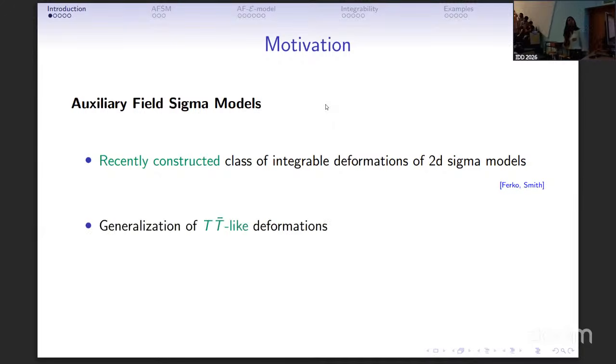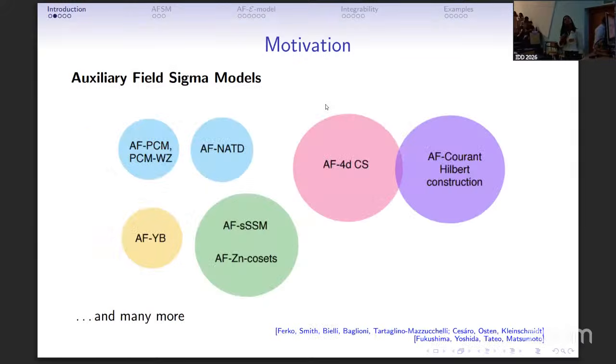And since then, it's understood as a sort of generalization of TT bar-like deformations. Over these past 2 years, it has become quite an active area of work where a bunch of new directions have sprouted out from this area.